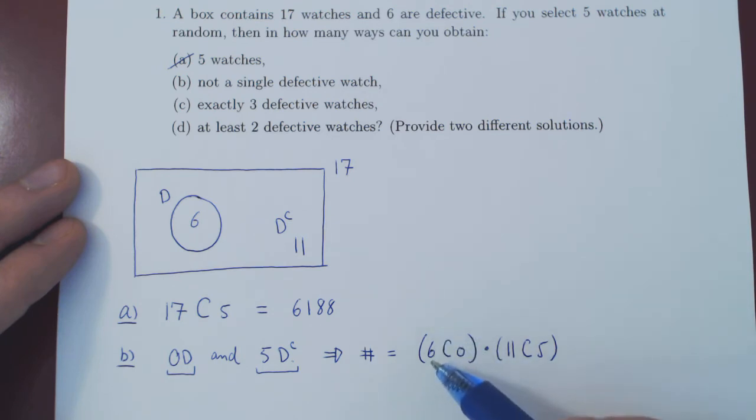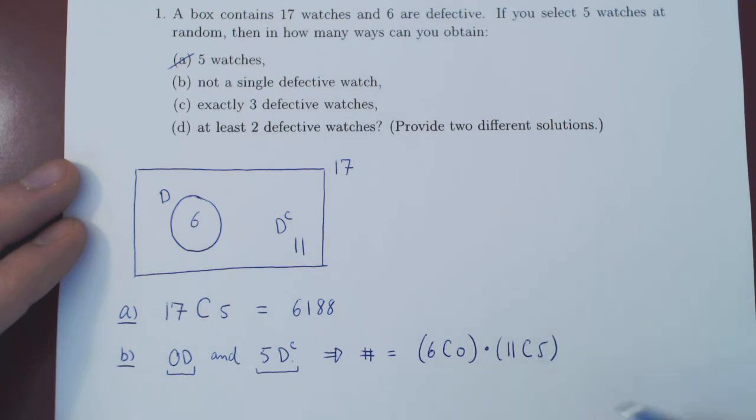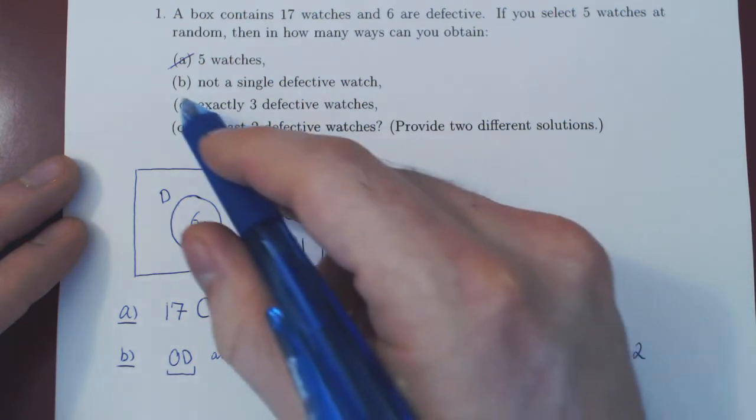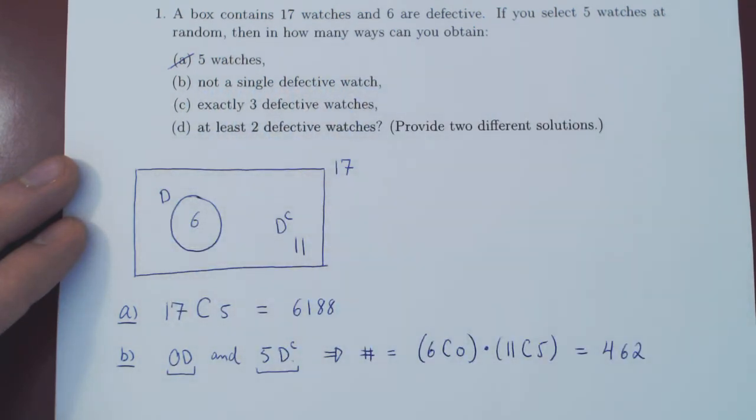Out of the 6 defective watches, we are choosing none, and out of the 11 non-defective watches, we are choosing 5. And if you calculate this, you will arrive at 462 different possible ways of selecting not a single defective watch out of the 17 watches.